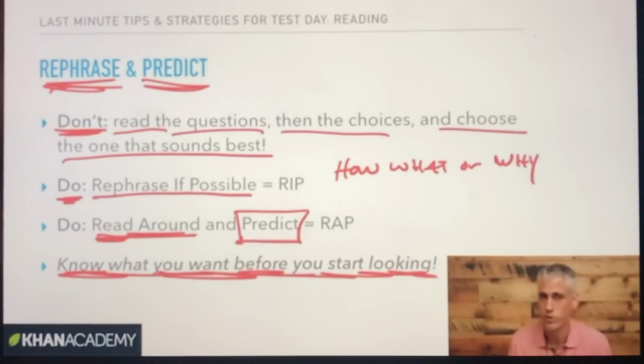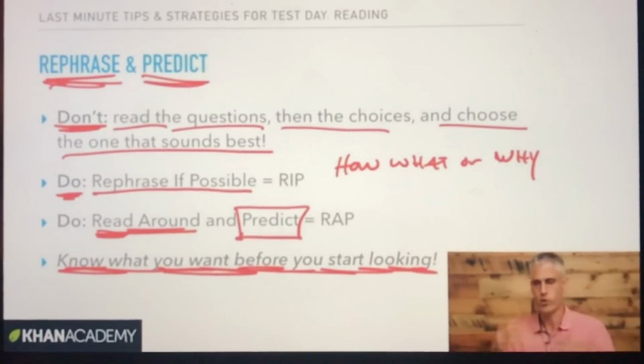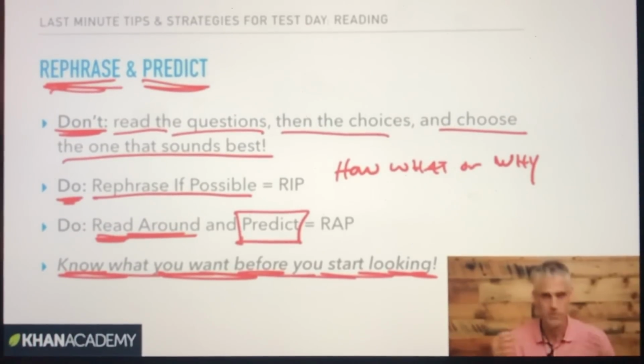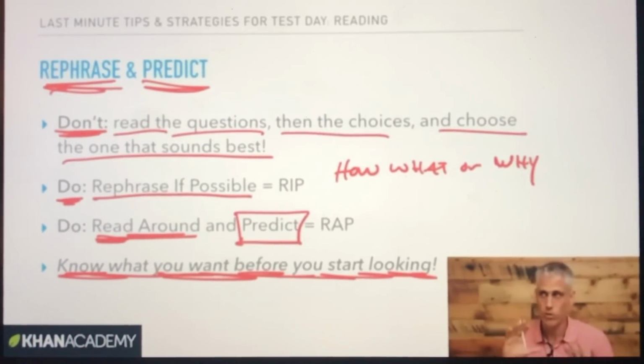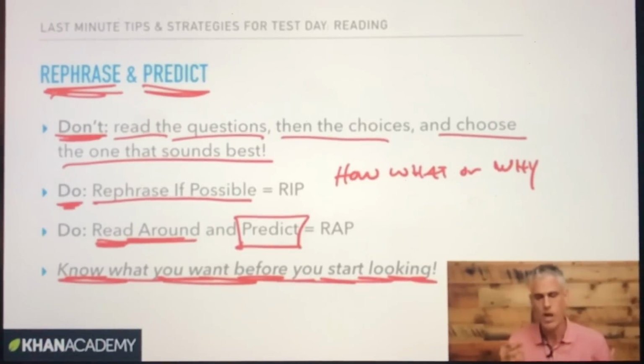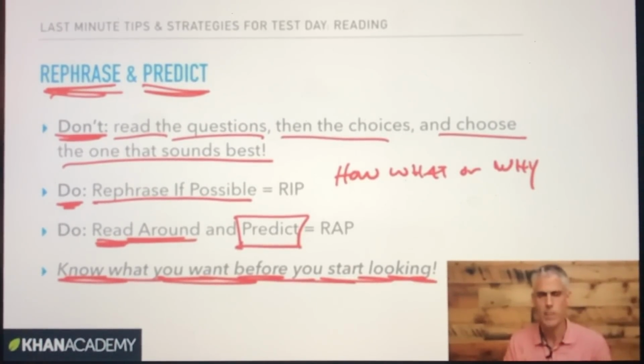Okay? If you know what you want before you start looking, you're not going to wind up looking at the choices one by one and trying to make sense of them. Because that's just a recipe for losing a lot of time, spending time giving the benefit of the doubt to answer choices that aren't right, and you find yourself trying to figure out how they could be right.